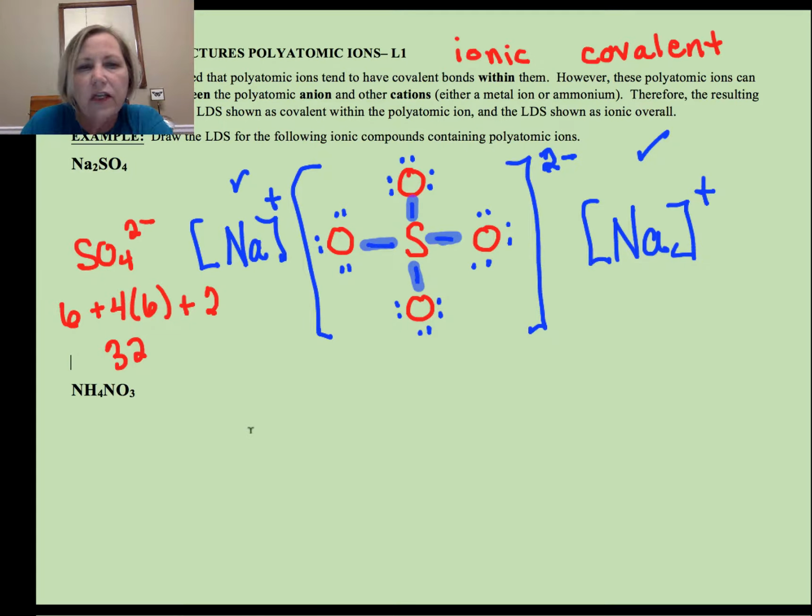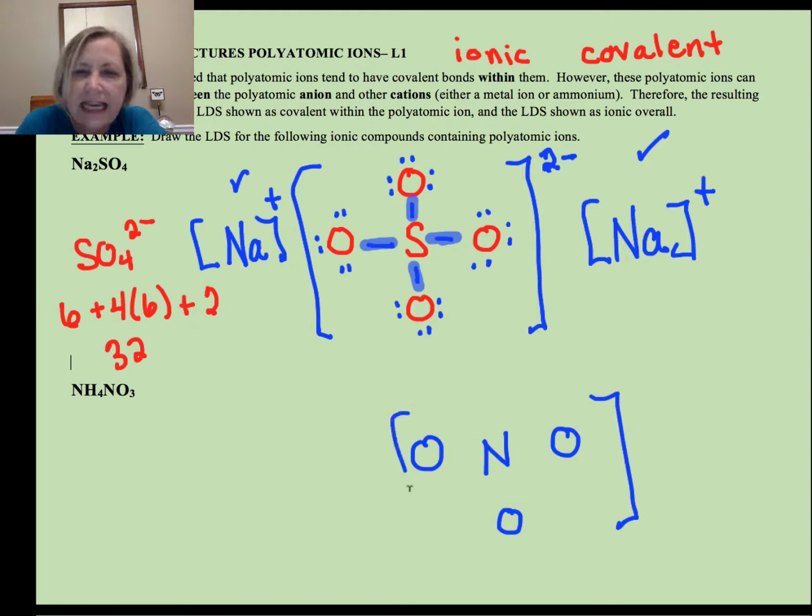Okay, let's take a look at ammonium nitrate. I'm going to start with the nitrate. It's 3 oxygens. Nitrate has a negative charge, so I'm going to go ahead and put that in. So nitrogen has 5 electrons. I have 3 oxygens with 6. And then there's an extra electron from the charge.